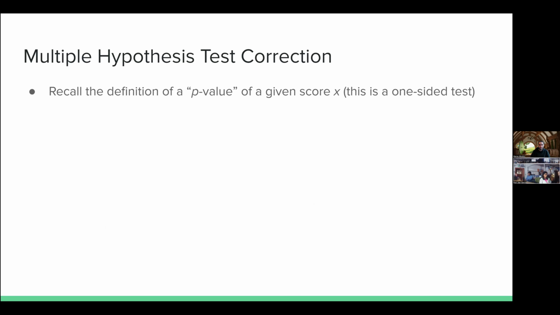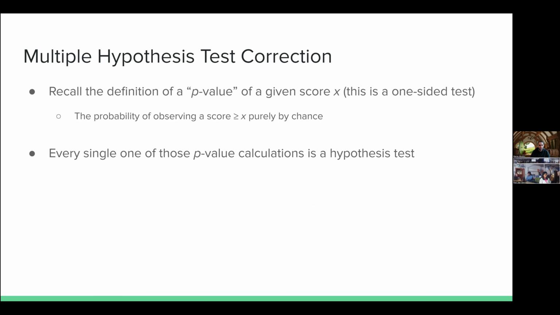So remember the p-value definition of a given X score: it's the probability of observing a score greater than or equal to X purely by random chance. So every single one of those p-value calculations is a hypothesis test. If I use a significance threshold of, for example, 5%, I would expect 5% of these to be significant purely by random chance.